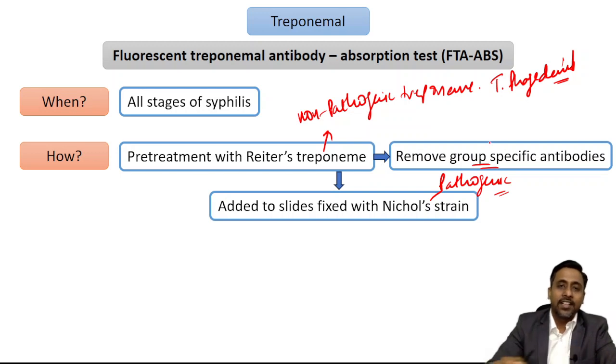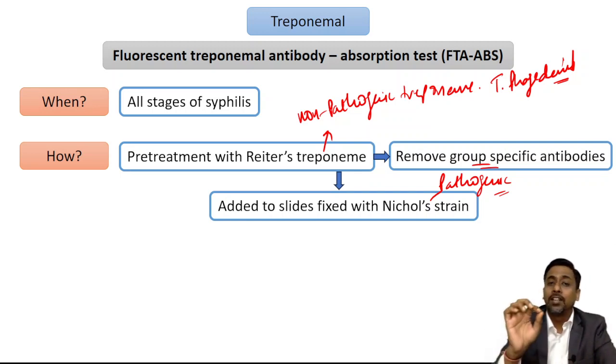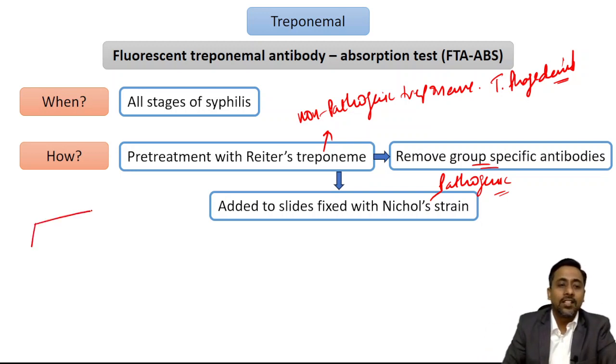So we will prepare a slide fixed with Nichols strain, and then we will add the serum which is already absorbed with the Reiter treponeme to remove the group specific antibody. So it will only contain the antibody specific to Treponema pallidum. If it is present, it will bind with the Nichols strain on the slide.